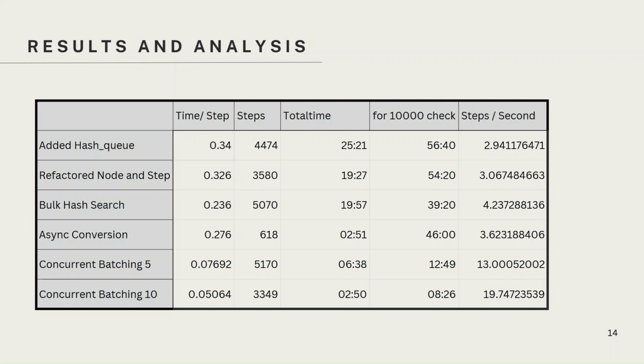Then bulk hash search: instead of checking each individual site I got from the wiki API against our previous hash, I would add all of the new ones together, and then match the two hashes in their entirety, and then the differences I would add to the graph.